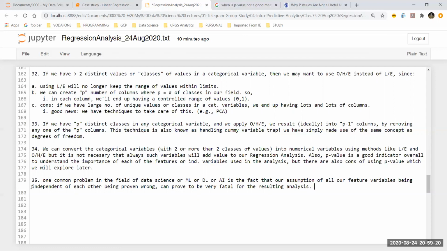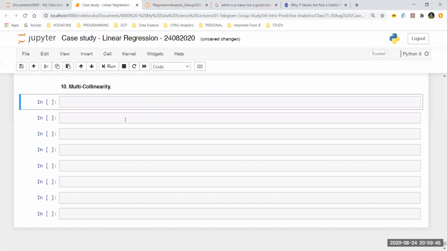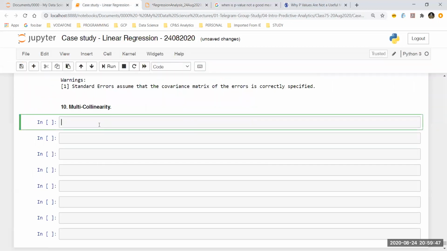This is a very bad scenario, and this scenario is called multi-collinearity. It's a very, very dangerous kind of scenario, and let's try to understand what effect multicollinearity has and how I can get rid of multicollinearity, or how I can look into multicollinearity.